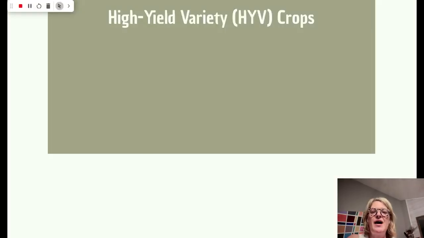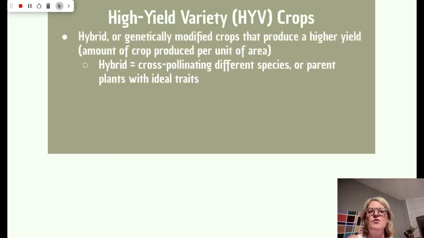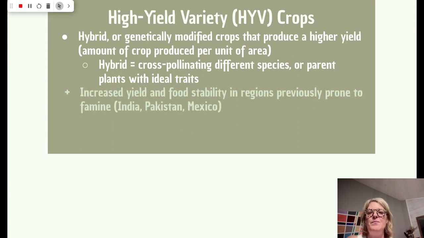We also have, because of the Green Revolution, a high yield variety of crops. So we ended up being able to have increased hybrid crops and increased genetically modified crops. Both of these types of crops produce a higher yield. What that means is that the amount of crop that we receive is going to be higher per unit area than in the past.